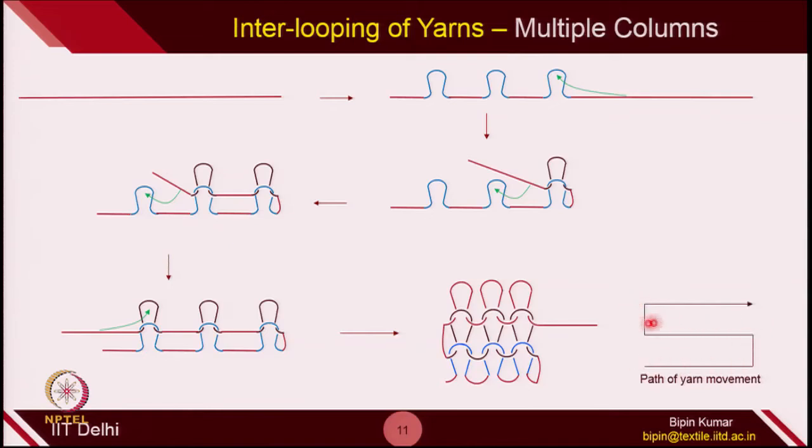That is why this process of knitting is called weft knitting, because we are moving along the fabric width direction, the weft direction. Depending on how many columns there are, you can decide the width of the fabric with the same yarn.